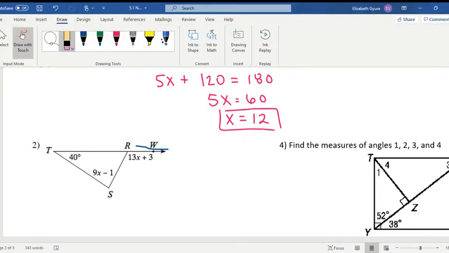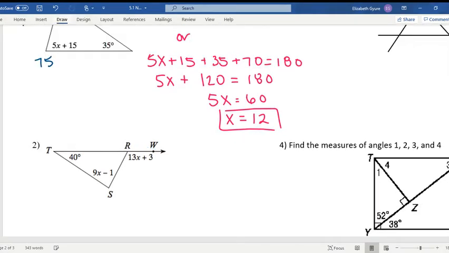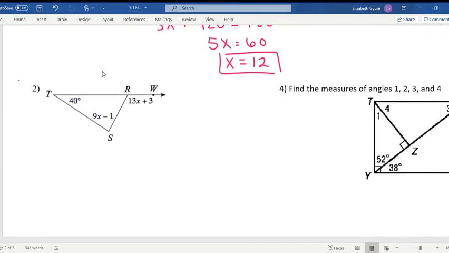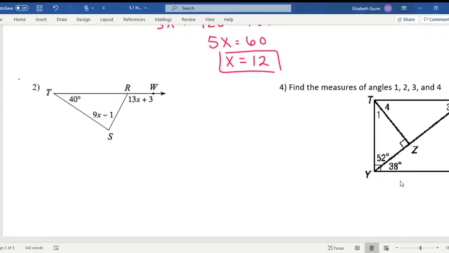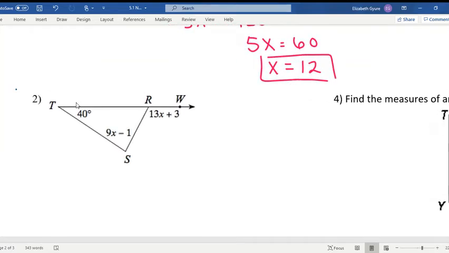For number 2, what's different about your diagram in number 2? Yeah, this line is kind of extended out outside of your triangle. Good. What else is different? Okay.